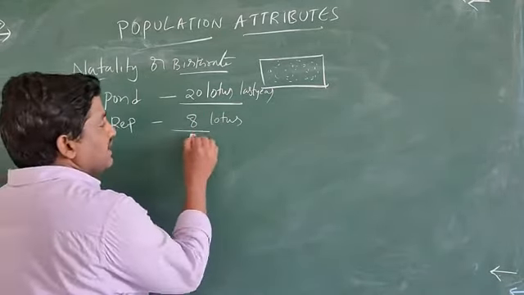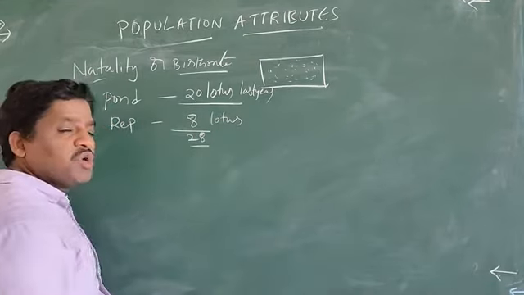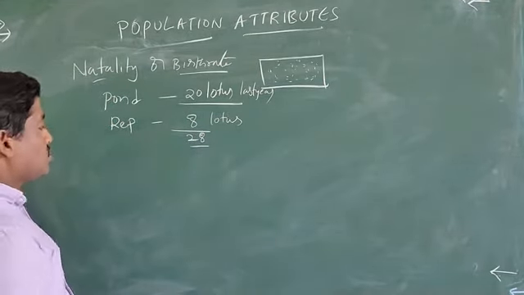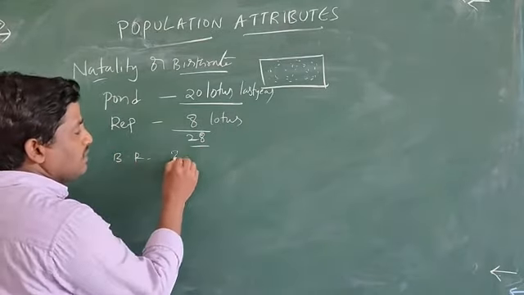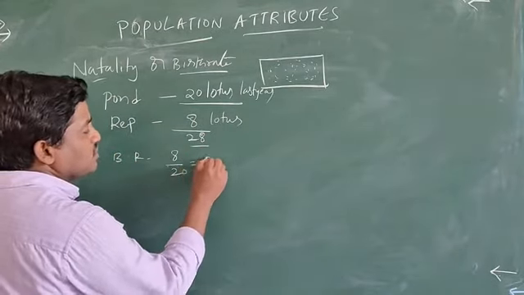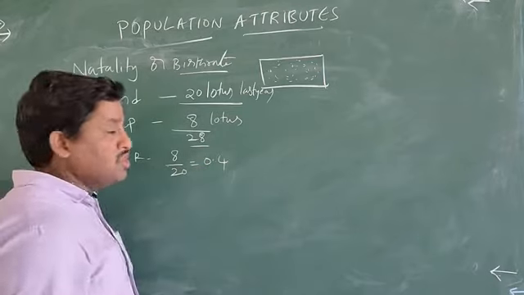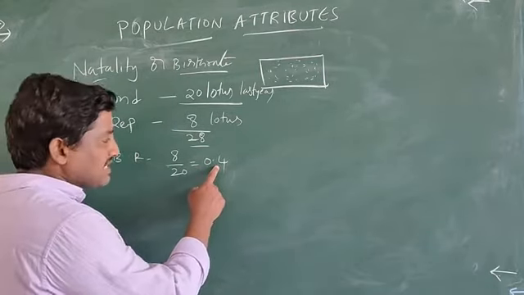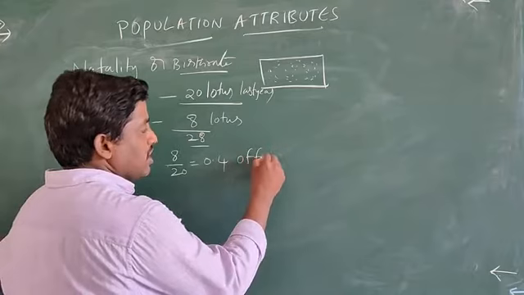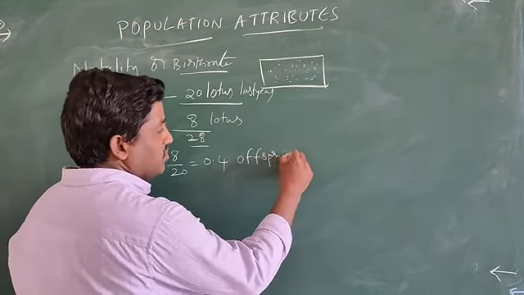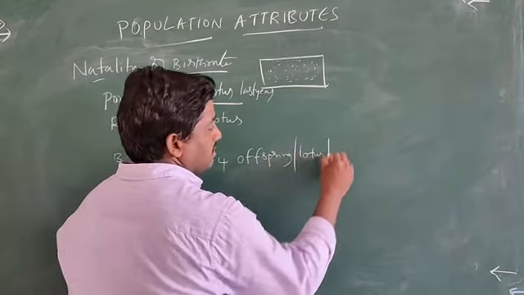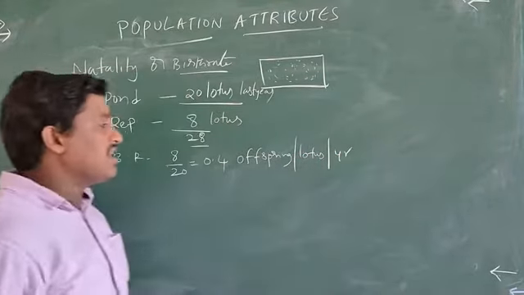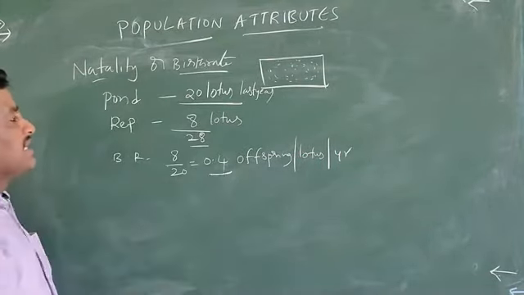So the total population density is 28. To find the birth rate, it is 8 by 20, that means 0.4. The 0.4 is the birth rate, that means 0.4 offspring per lotus plant per year. Okay, so this is the birth rate.